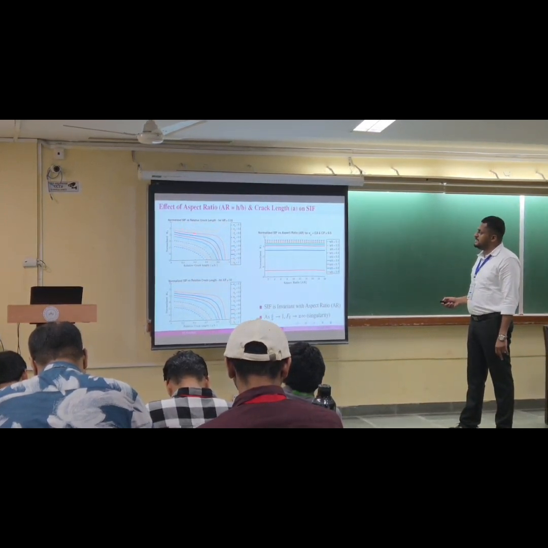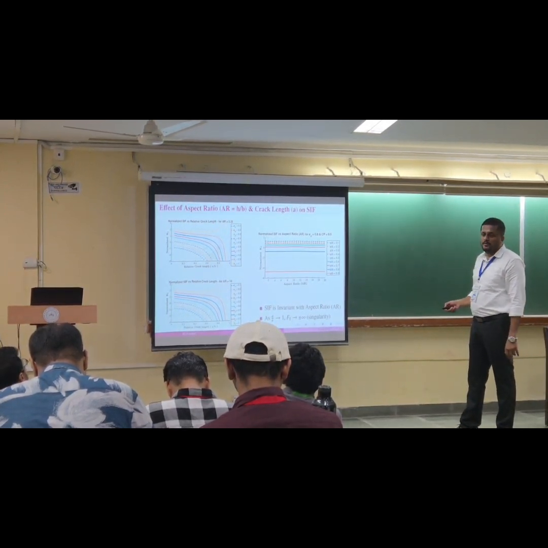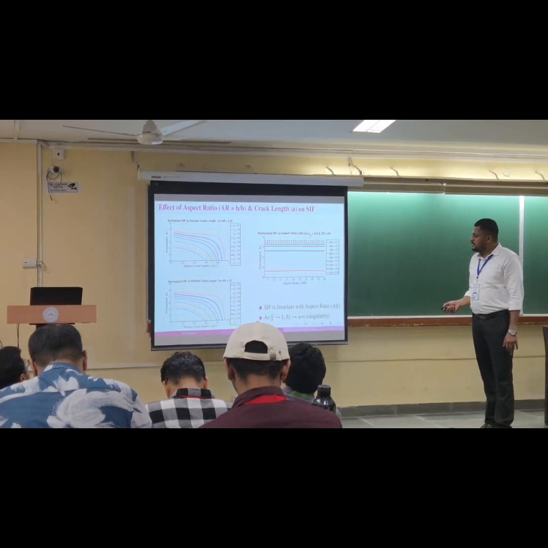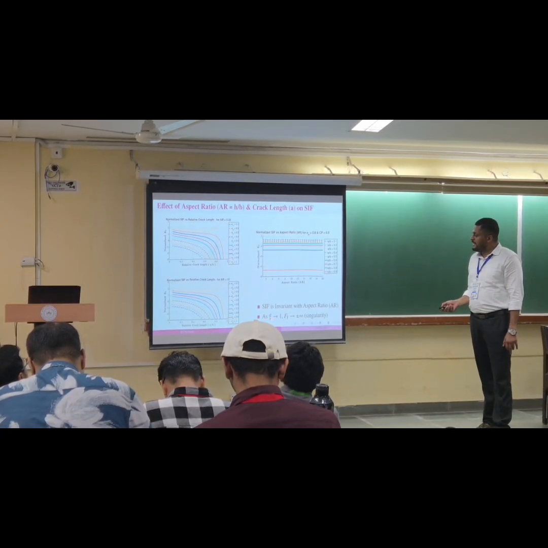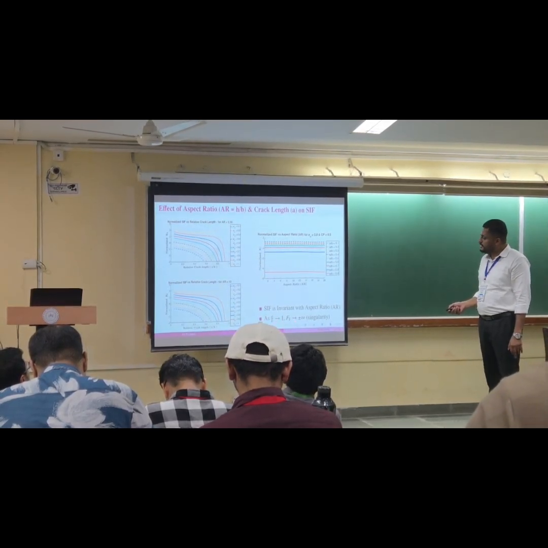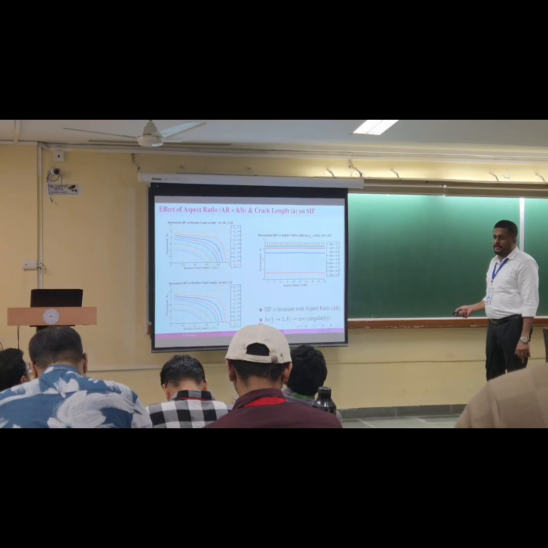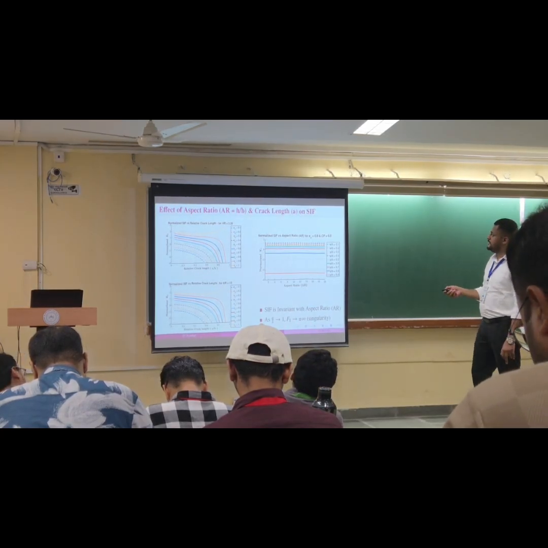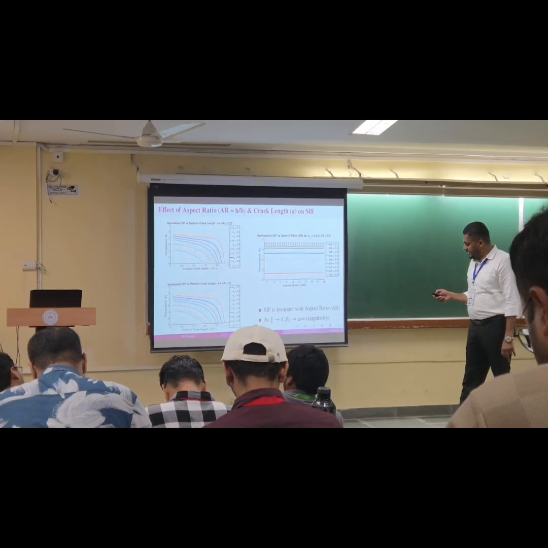Except for eccentricity equal to 1, all are moving towards negative infinity. So we can conclude that as a by b, the relative crack length, moves towards 1, the SIF is moving towards singularity. Those are our findings for the two parameters, aspect ratio and crack length.